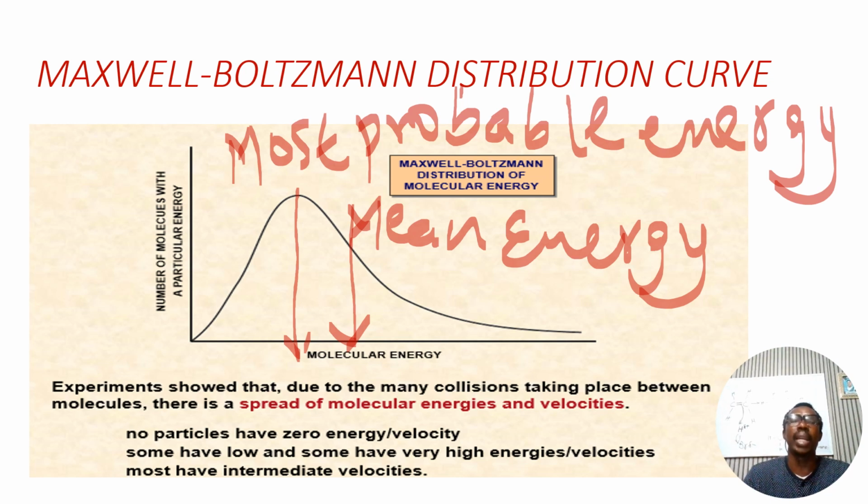The most probable energy is the energy possessed by the maximum number of reactant molecules at a given temperature, and it lies below the mean energy. So it's as simple as ABC. We're going to use the Boltzmann distribution curve to explain the effect of temperature on the rate of reaction and the effect of a catalyst on the rate of a chemical reaction.